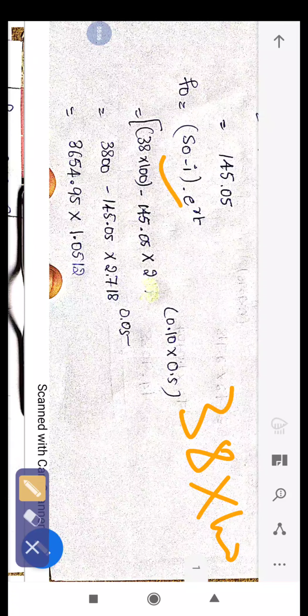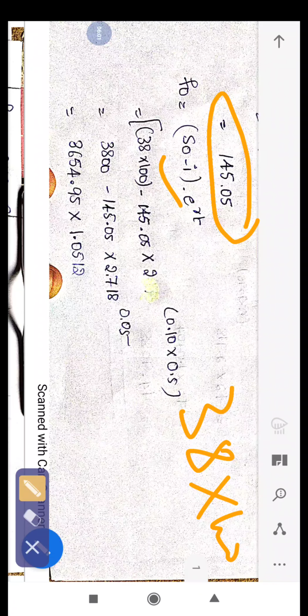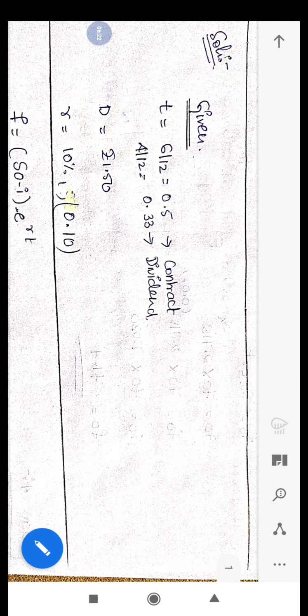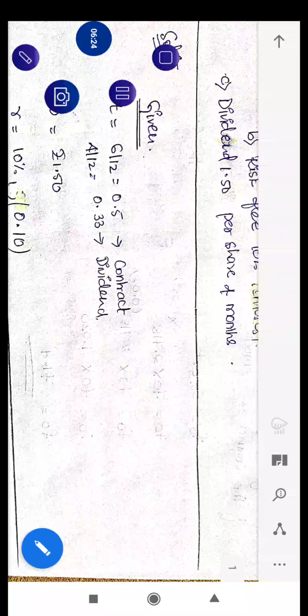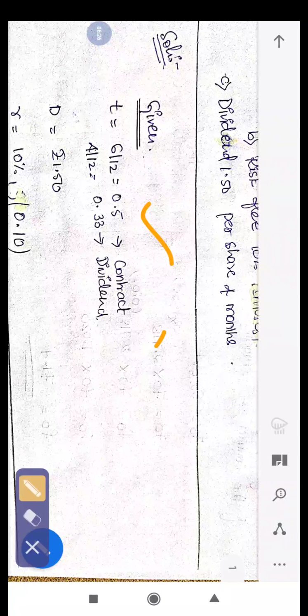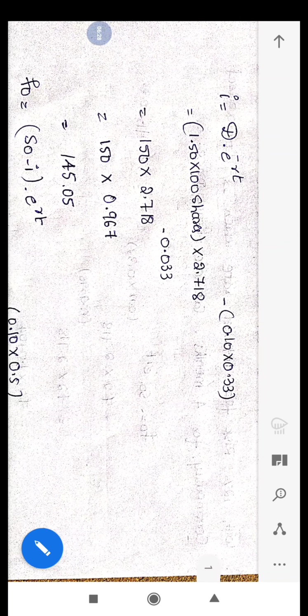So 38 into 100, minus I, that we have calculated, right? 145.05. Sorry, here I forgot to write this one. The log value is 2.718 to the power. Here minus will not come, because minus is not there. So 0.10, and the months is 6 by 12, that is 0.5 for the contract.